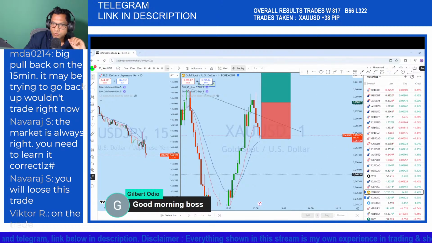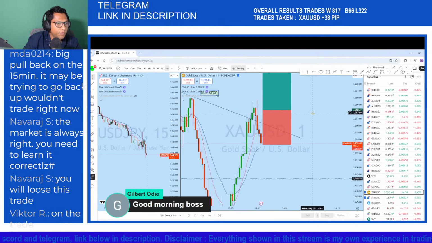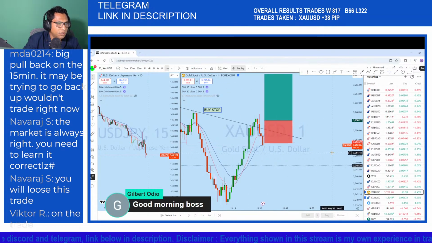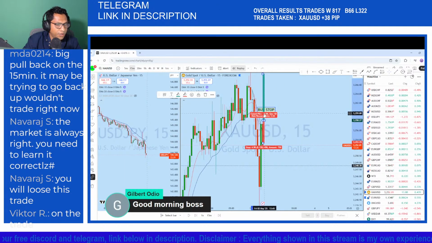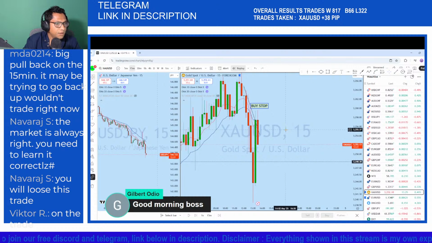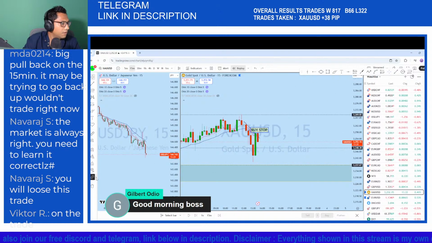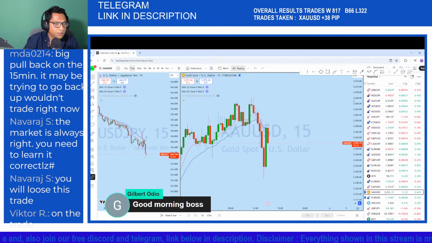So it just took us out of the trade. It just made a false breakout and returned. So you may see that bearish drop again. Let's see what's happening here in that area, still at those lines that we can see.